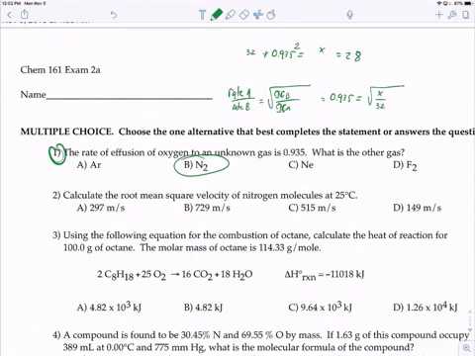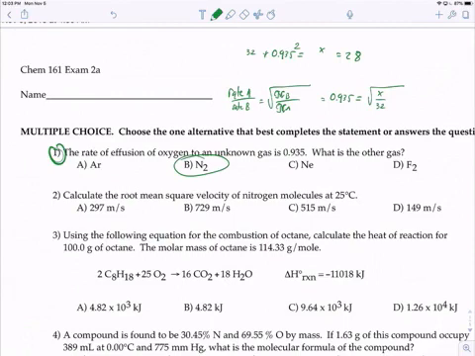Rate of A over rate of B is equal to the square root of the molecular weight of B over the molecular weight of A. So given 0.935, oxygen to an unknown gas, since it's oxygen to this unknown gas, that means oxygen is A, unknown gas is B. So diffusion of oxygen to an unknown gas, then you flip it that way.